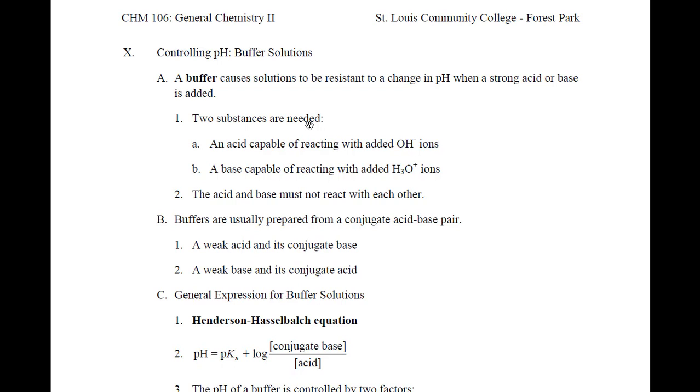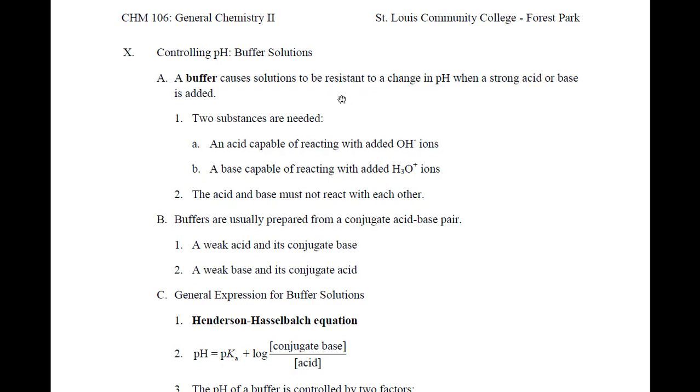So within cells, it's a phosphate buffer. Within blood, it's a bicarbonate buffer. But when we talk about it being a buffer, we're only talking about the addition of small amounts of acid or base, where the system resists change.